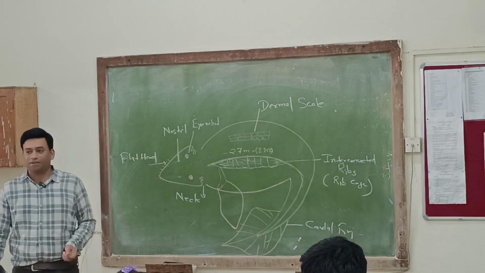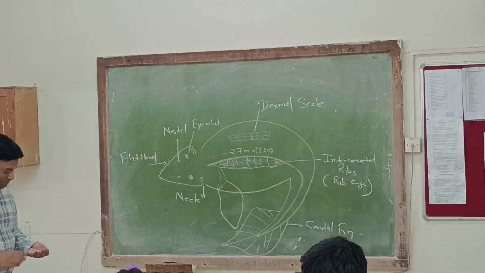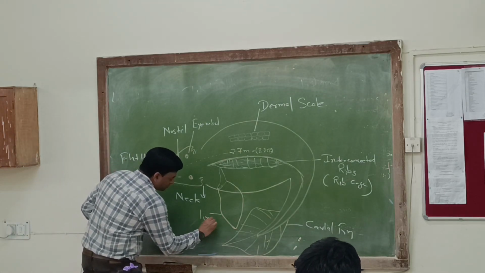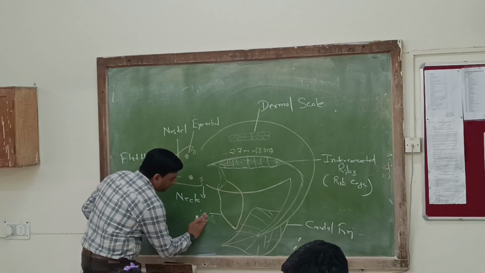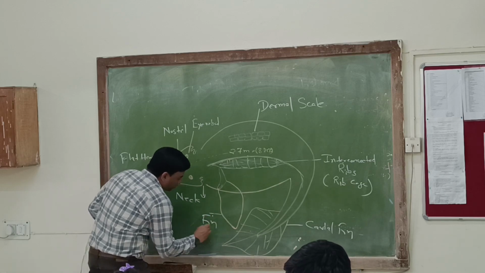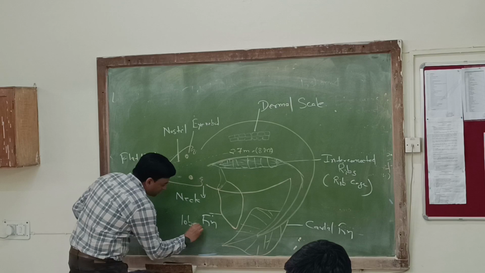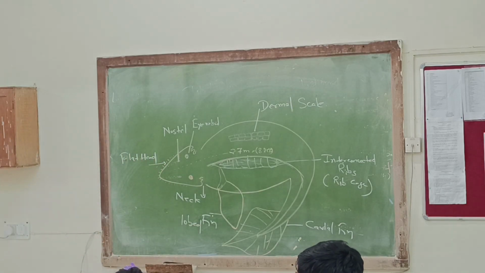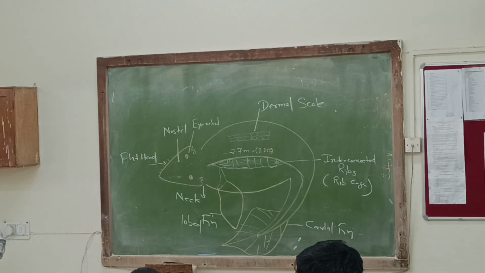It has got a limb. So this is a limb. Or what is a limb? It's not a limb, basically it's a fin. Or we can say lobed fin, like the crossopterygian fish has. It has got a lobed fin. That means it is 100% a fish, because it doesn't have legs and hands. It has got a fin.